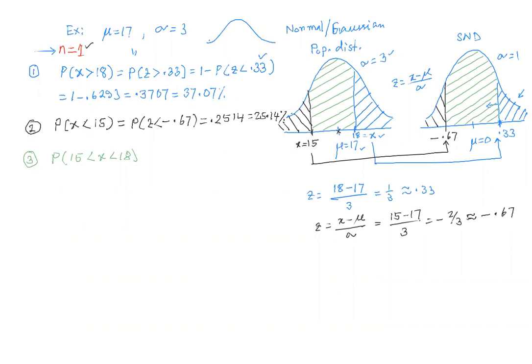Now, this is going to be equal to the probability of x less than 18 minus the probability of x less than 15. But both of these numbers we found. The probability of x less than 18 is given by this number, which is 0.6293.